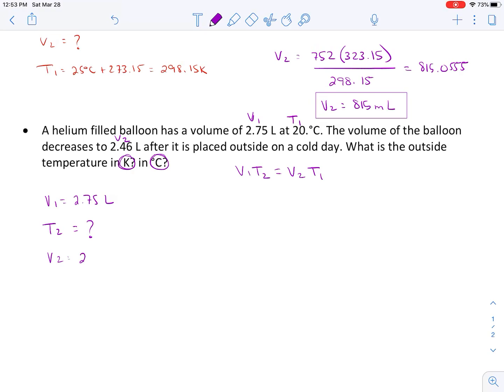V2 is 2.46 liters. And then T1 is our 20 degrees Celsius. And again, we have to take that to Kelvin each time. So we're going to add 273.15. And that's going to give us 293.15 Kelvin. Kind of wait until we get caught up there.